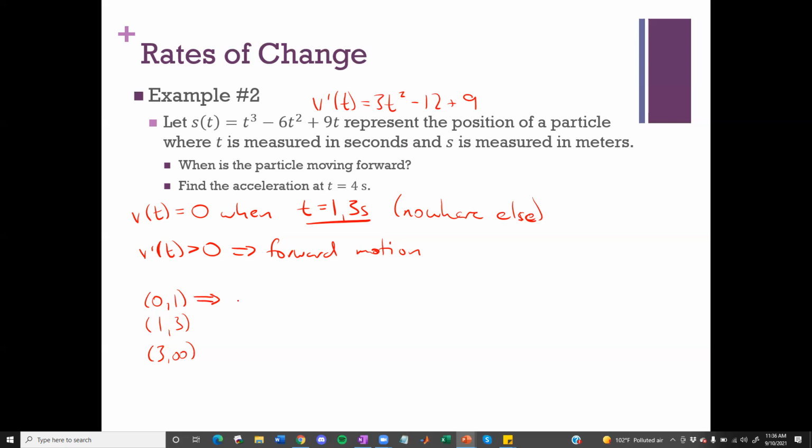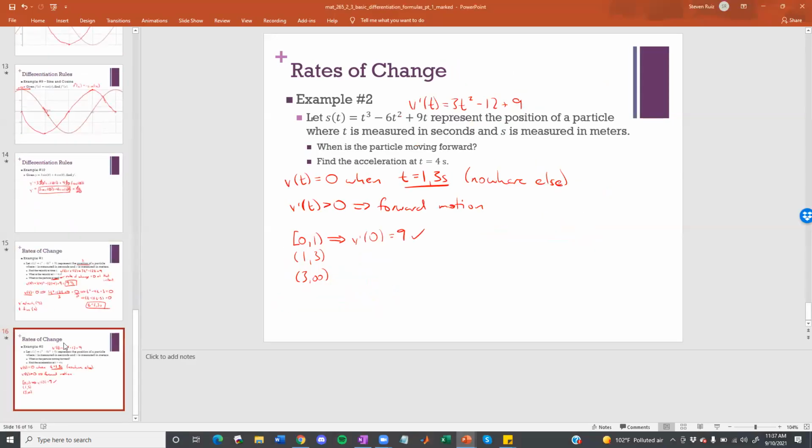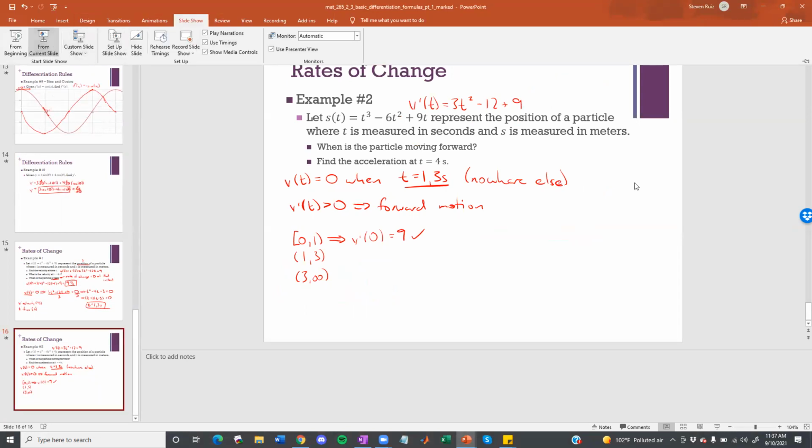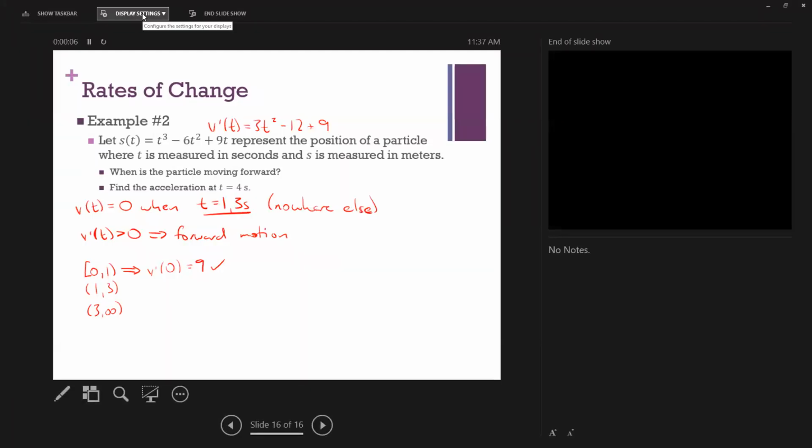What's a good test value to use between 0 and 1? Actually, can I use 0? Yeah, there's no reason I can't use 0. V prime of 0 is equal to 9, right? What's a good test value between 1 and 3?